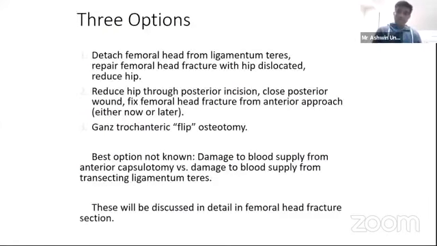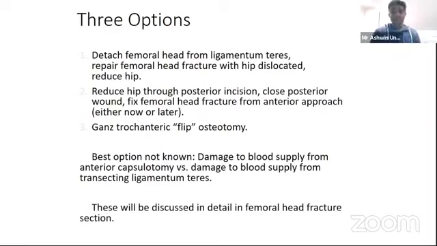So you have got 3 options. The easiest option I would start with is the Ganz trochanteric flip osteotomy, which makes it much easier to reduce the fracture, to put it back in and stabilize the fracture, and so on and so forth.